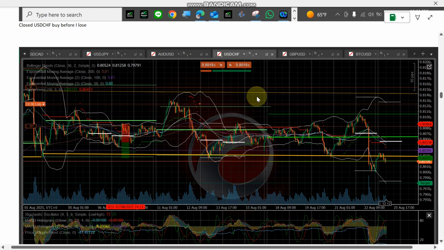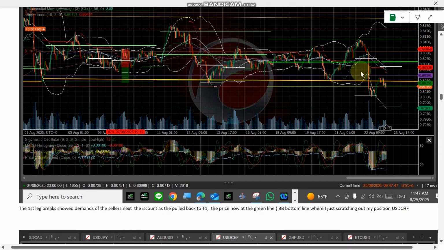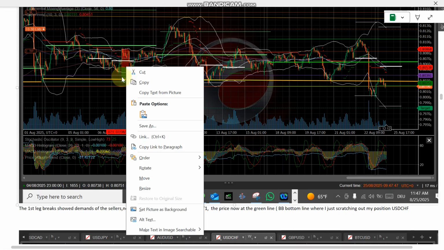This is US Swiss franc again, on the 1 hour chart blown up bigger. I didn't take the symbol here, but you can see where I sell limit is. I should come back. Oh, here it is. Oh, it's the old one. I should take this away.